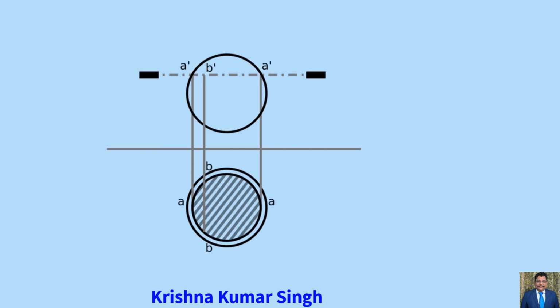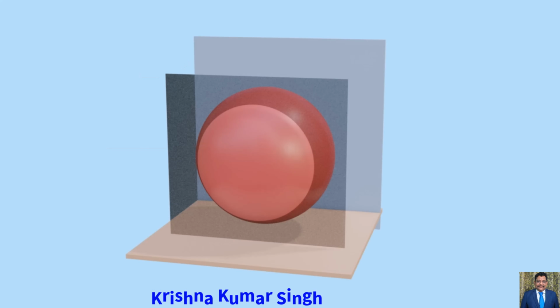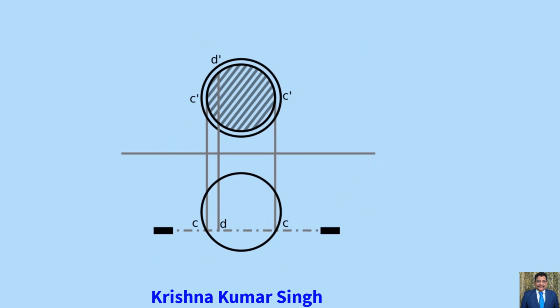Now moving to condition number 2. In condition 2, the sphere is cut by a section plane parallel to VP. This section plane is a vertical section plane. In this condition, the true shape of the section will be seen in the front view. When the sphere is cut by section plane CC parallel to VP, the section plane is called a vertical section plane, and the true shape of the section is a circle of diameter CC.